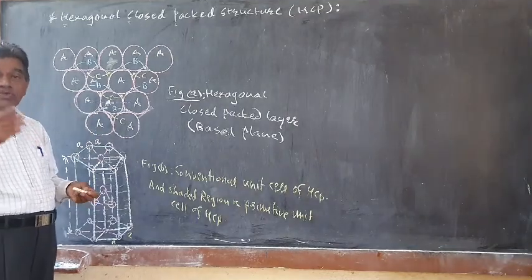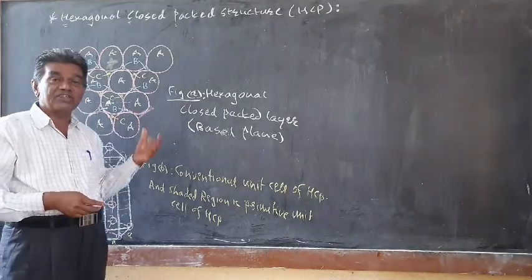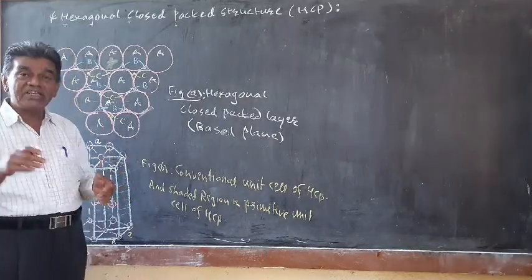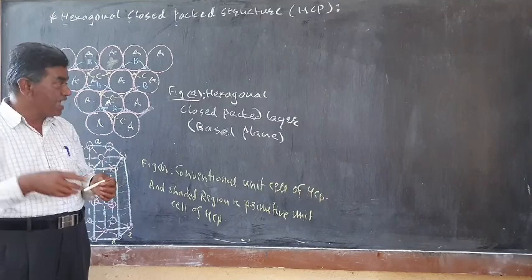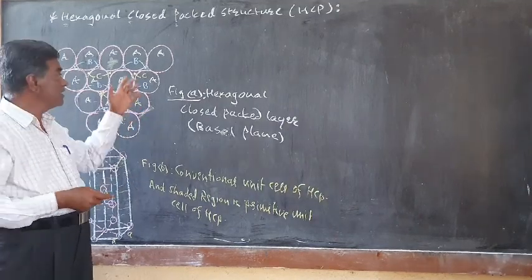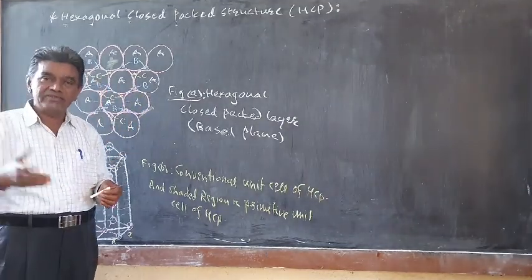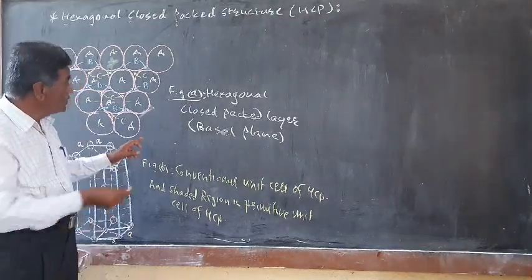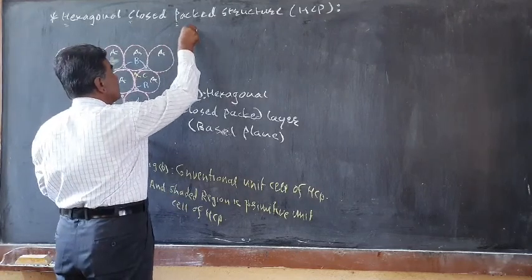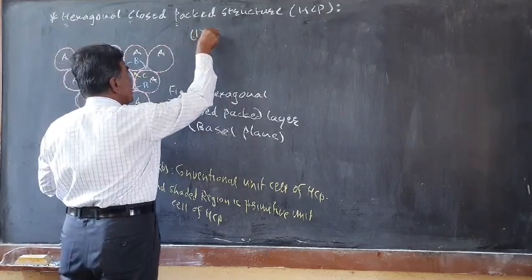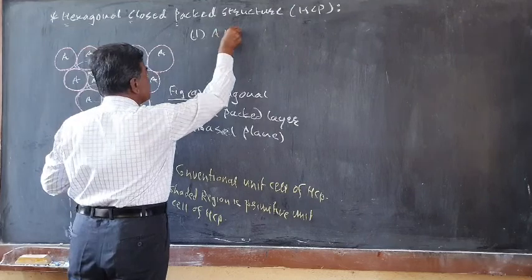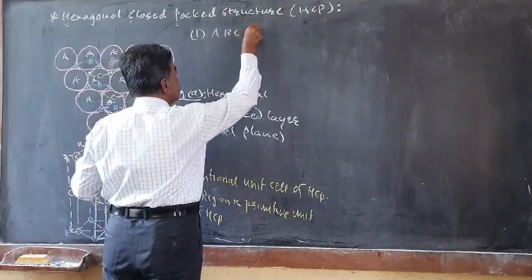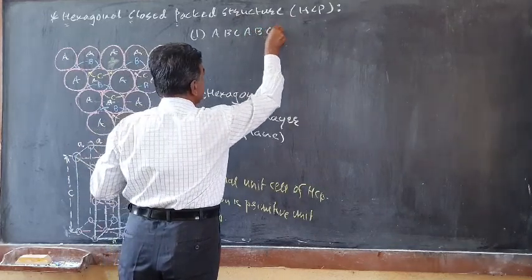As there are two kinds of voids in such a structure, there are two ways of arranging the next layer on top of the basal plane. The first arrangement is A, B and then C, then repeat A, B, then C, and so on.